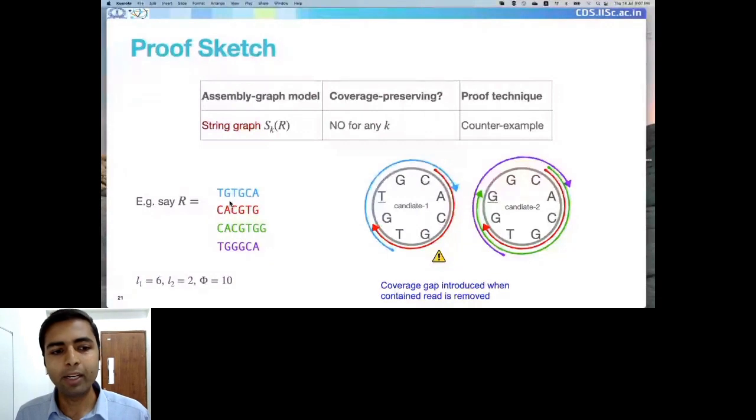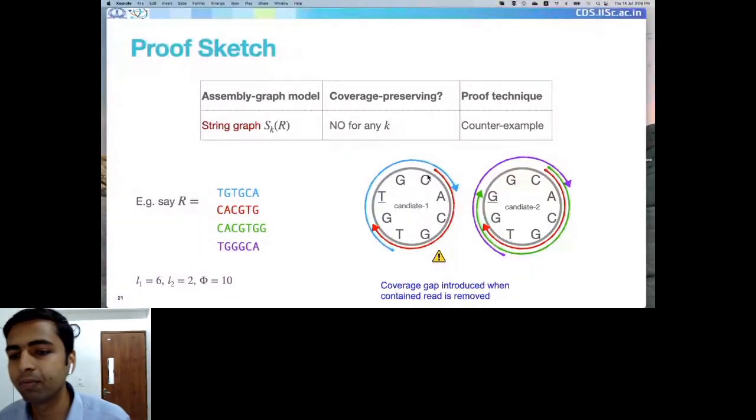But it turns out, if you look closely, the red read is actually contained in the green read. And we know from the string graph sparsification rules that the contained reads will be removed during the graph construction. So what that means is, if I remove my red read, I won't be able to cover the first candidate genome assembly anymore.